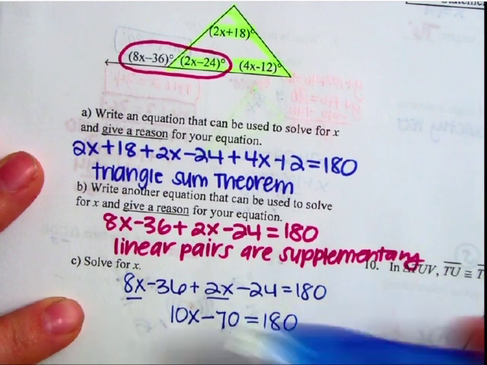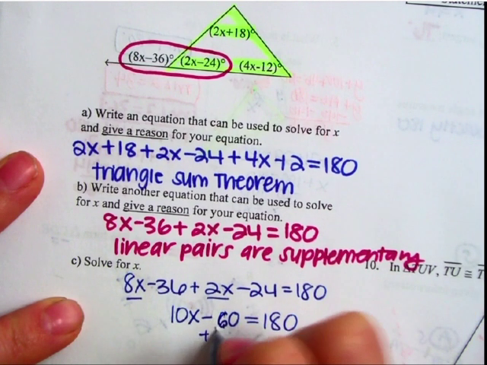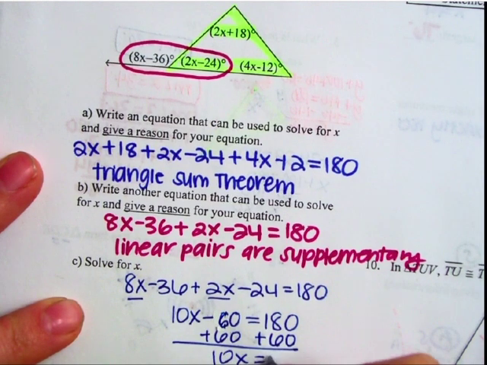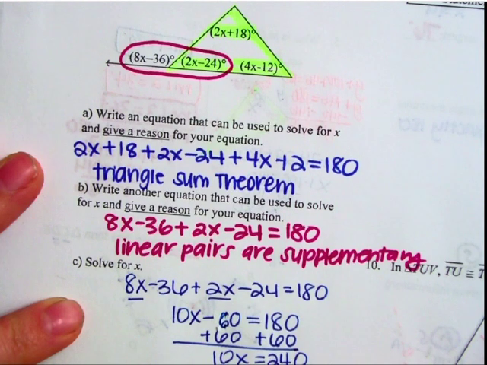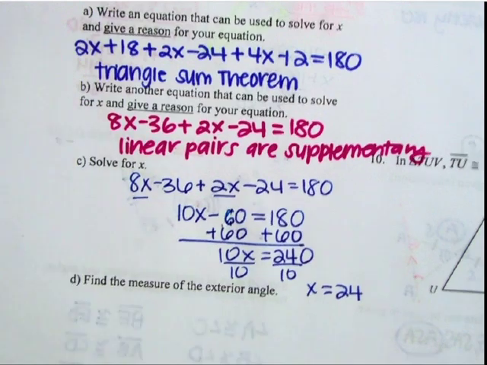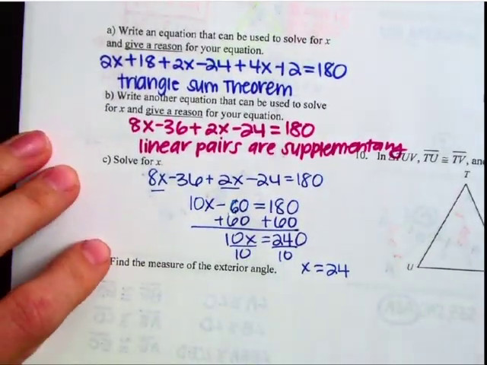Ooh, I meant 60. Add 60, divide by 10. So x equals 24.